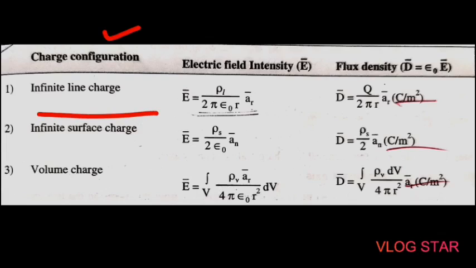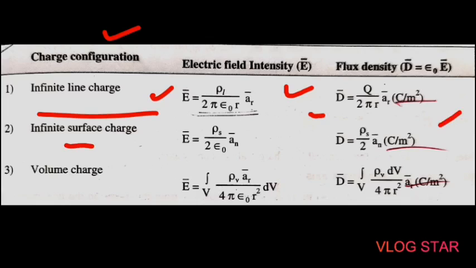The electric field intensity due to an infinite line charge is given by E bar is equal to rho L upon 2 pi epsilon 0 r into a_r bar, and the electric flux density for the same infinite line charge is given by D bar is equal to rho L upon 2 pi r into a_r bar Coulomb per meter square.